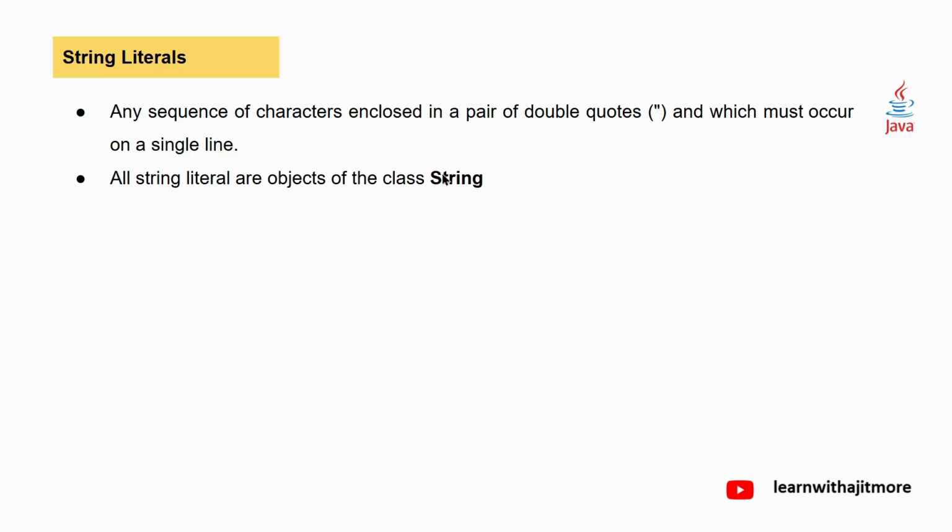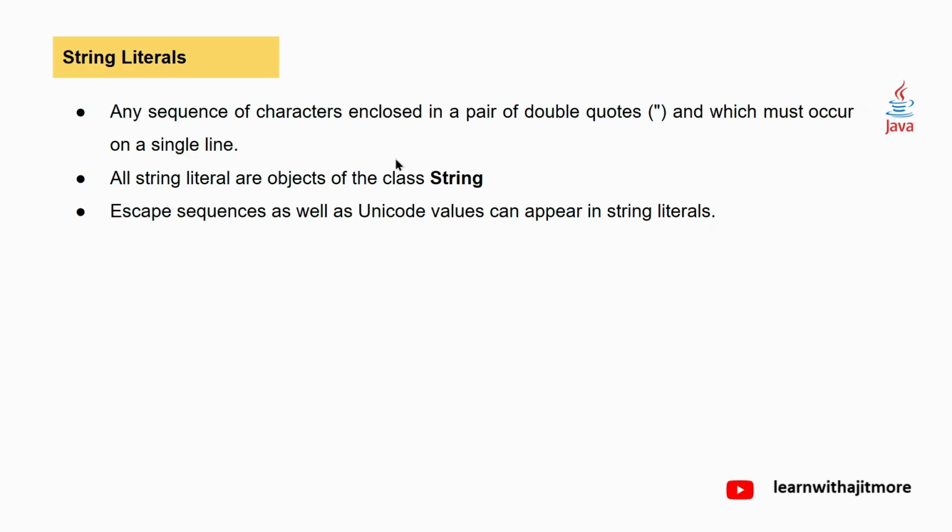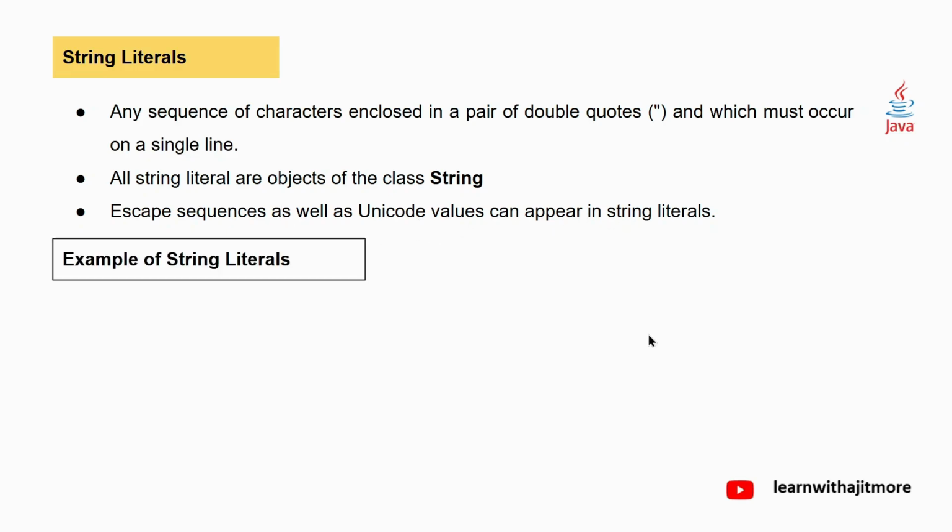All string literals are objects of the class String, right? And within that double quote, you can make use of anything: uppercase letters, lowercase, digits, special symbols, any Unicodes, whatever you want. Escape sequences as well as Unicodes can appear in a string literal.